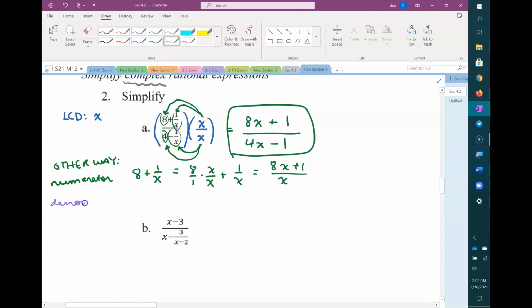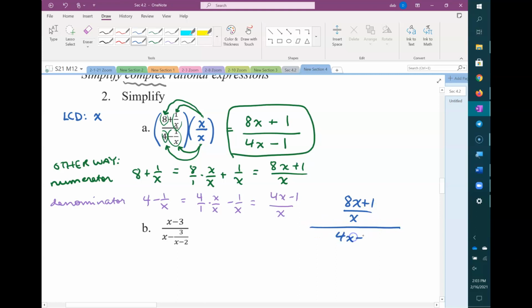Then I'd look at the denominator and get a common denominator for it. So I have 4x minus 1 over x. And then I would write the original problem as 8x plus 1 over x over 4x minus 1 over x. So this is what the original problem is equal to.